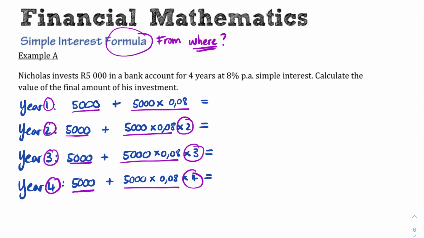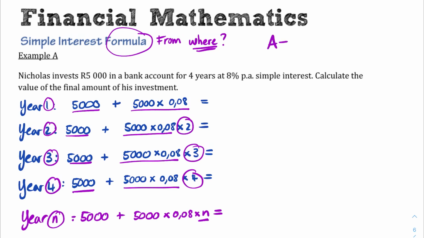That should make sense to you. So in the nth year, in year n, what would we have? Well, we'd have 5,000 Rand plus 5,000 Rand times 8%, and we would have n lots of that interest. Now that's getting closer to something, but that still doesn't look like our formula.